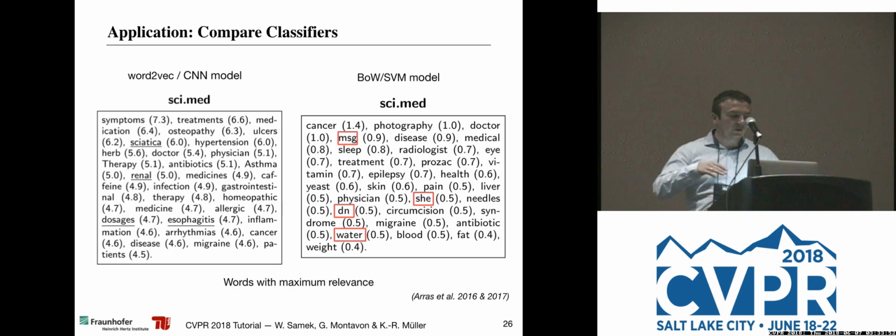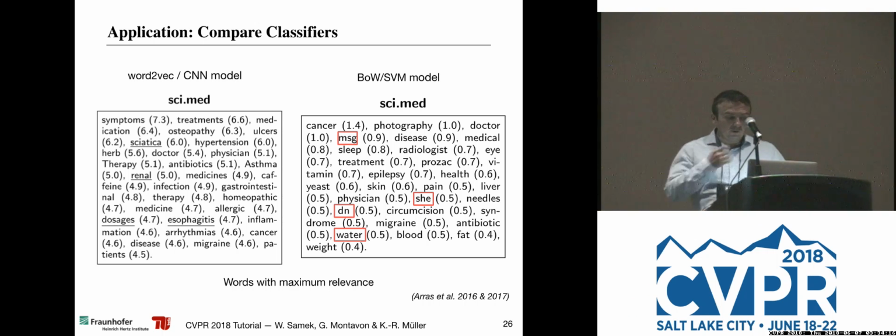The words which are underlined have not been in the training set, but are still identified as very relevant for this task. The bag-of-words model cannot do this because it relies on the vocabulary which has been computed on the training set, so it cannot identify these words.